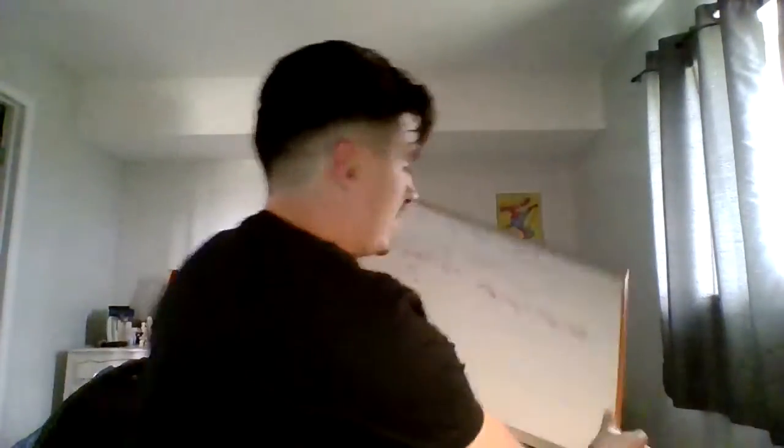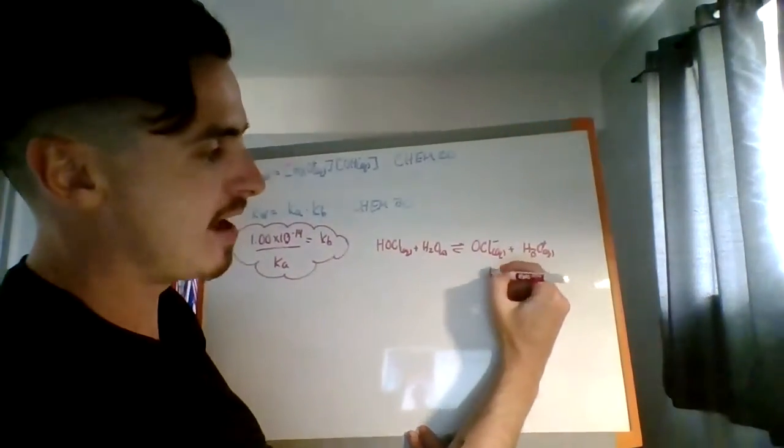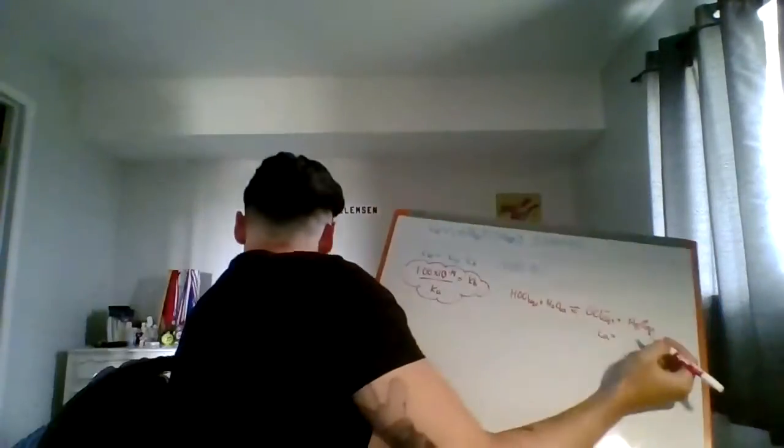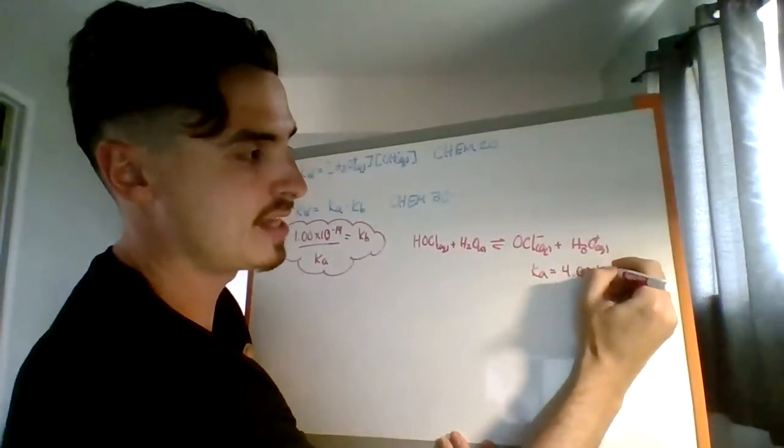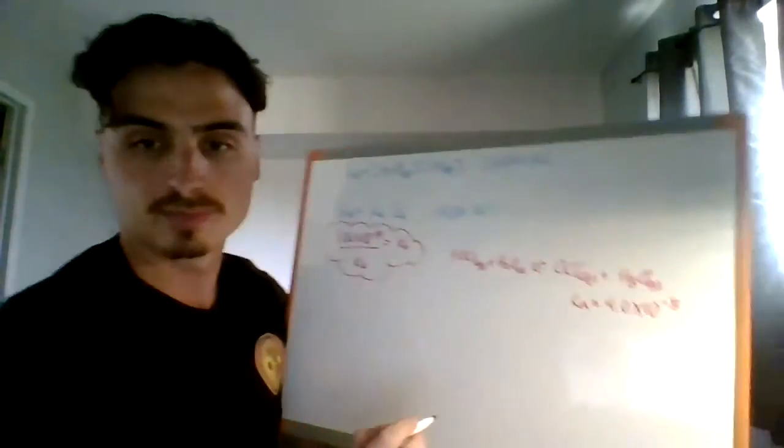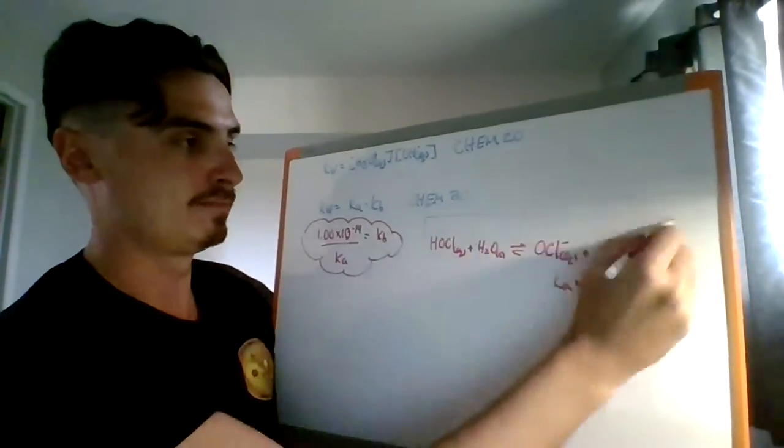Oh, you guys can't see that, it's so small. Let me show it. Right there, that's the acid. That's the base. And that, my friends, has a Ka value of 4.0 times 10 to the negative 8 for this acid reaction.